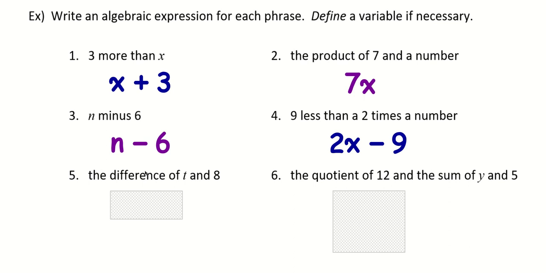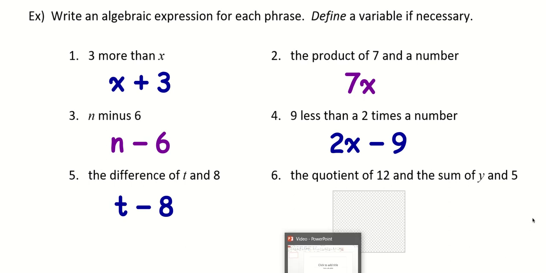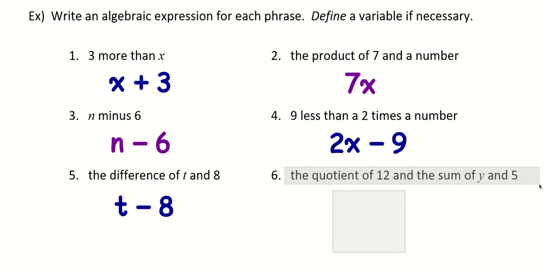Number 5, the difference of t and 8. Difference means subtraction, so that's the math expression. Number 6, the quotient of 12 and the sum of y and 5. I can see there's a lot here, and the water is a little bit muddy with all of this going on, but read this again.